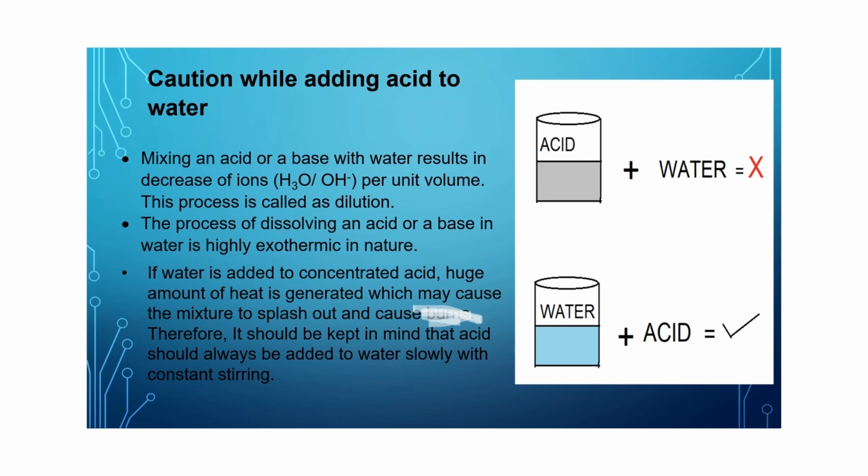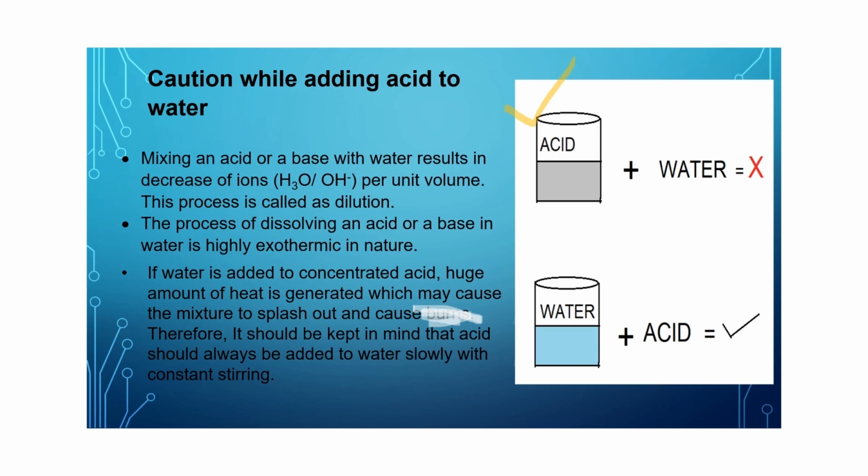In the previous activity, we just added a few drops of acid to water, and heat was liberated. So what will happen when you actually dilute a concentrated acid? Since the process is very exothermic and a lot of heat is evolved, the correct way of mixing is given in this figure.